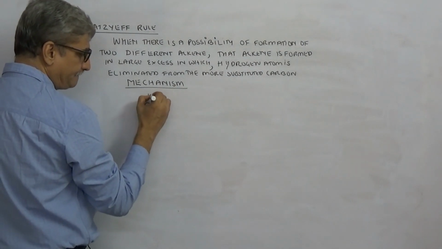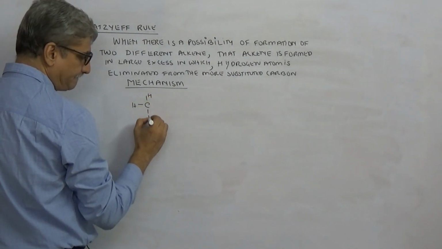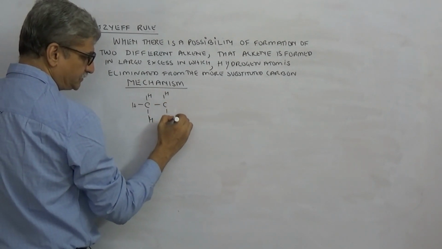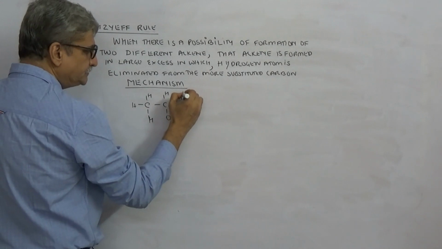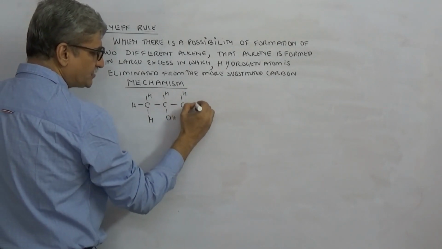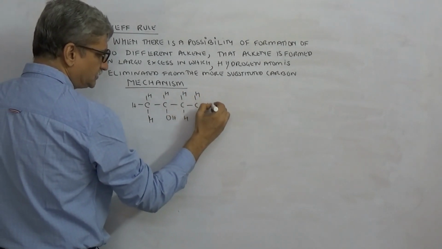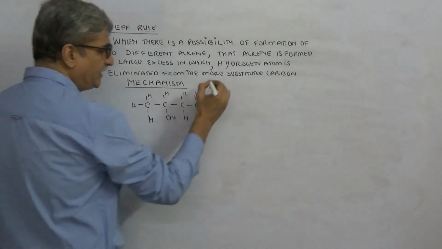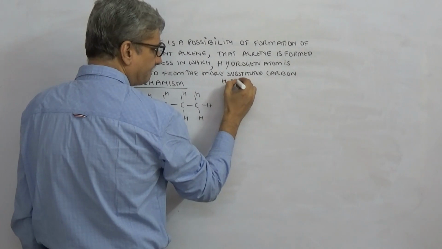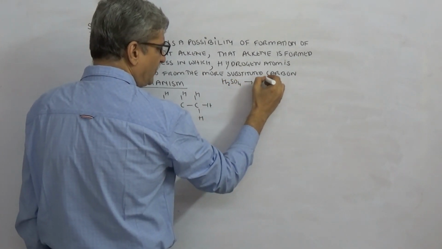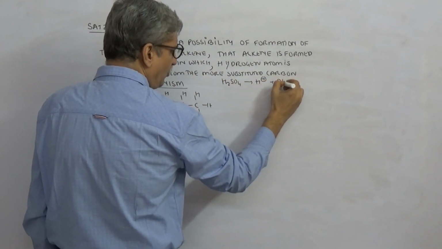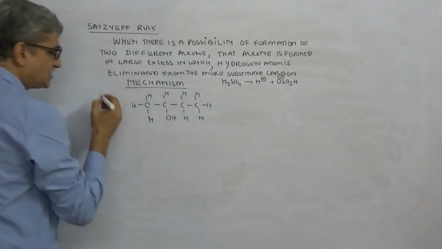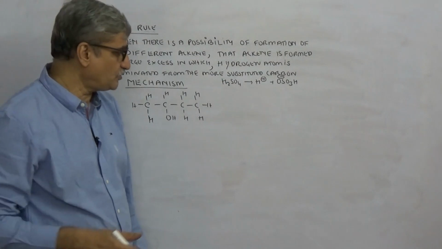So we have CH3, CH, OH, CH2, CH3. Now sulfuric acid we know dissociates to form H plus plus OSO3H minus.